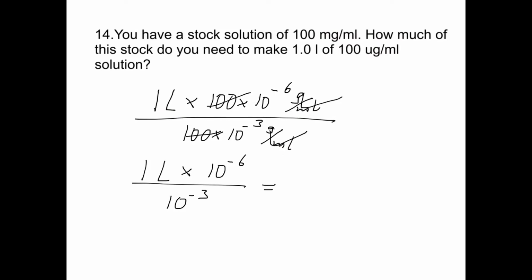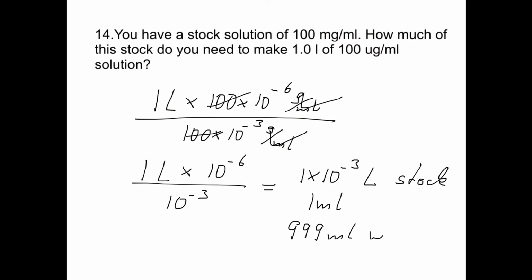And when we put that into our calculator, we get 1 times 10 to the minus 3 liter of stock, or this would also be the same as 1 milliliter of stock. And of course we would need 999 milliliter of water for that.